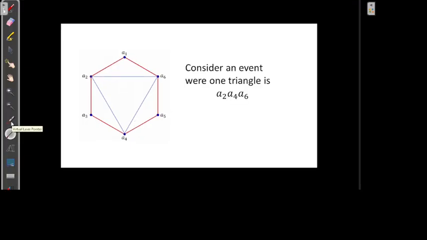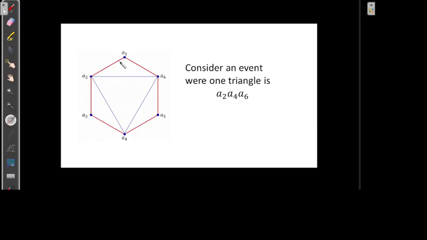Then we consider the event of selecting the triangle A2, A4, A6 as a blue triangle, event 1 or E1, let's say. Then the remaining diagonals, there are 6 of them. Why? Because a total of 9 are there, and we selected 3 of them. Each diagonal has 2 possibilities, either blue or red.